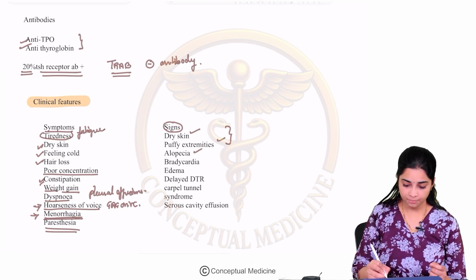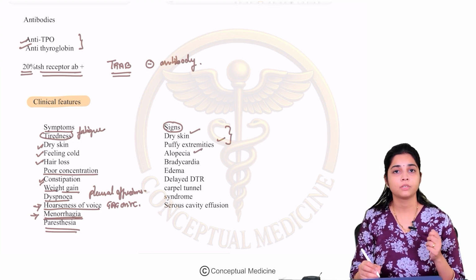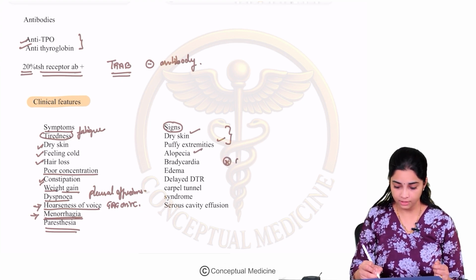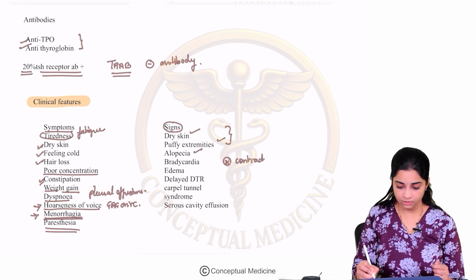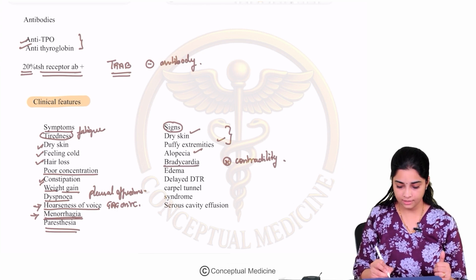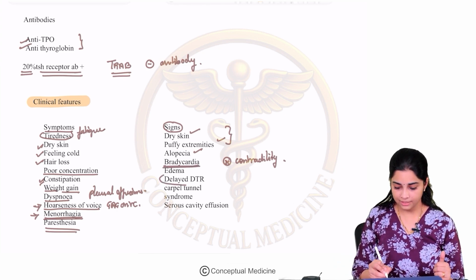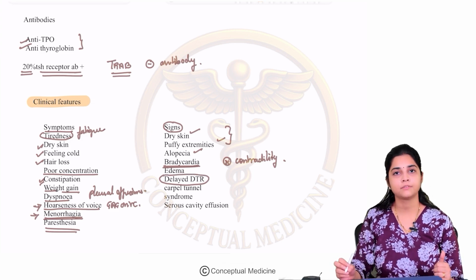Okay. Then alopecia. Then thyroid hormone is basically responsible for the normal contractility of the heart. So if there is hypothyroidism, the heart rate decreases and there is bradycardia, right? Apart from that, there is a delay in the deep tendon reflexes.